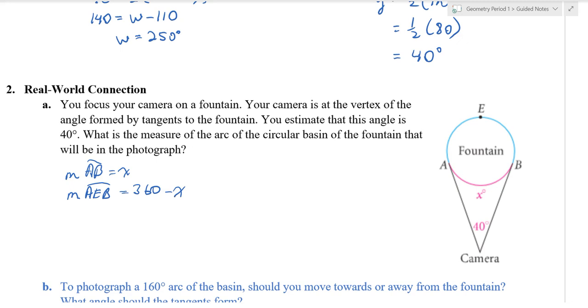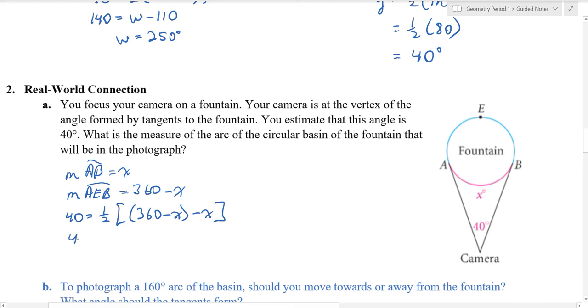Okay, so now we go ahead and set that up. The exterior angle we have is 40, and that equals 1/2 times the quantity of 360 minus x minus x. That's what we have there. We go ahead and start simplifying here by combining like terms inside the brackets.